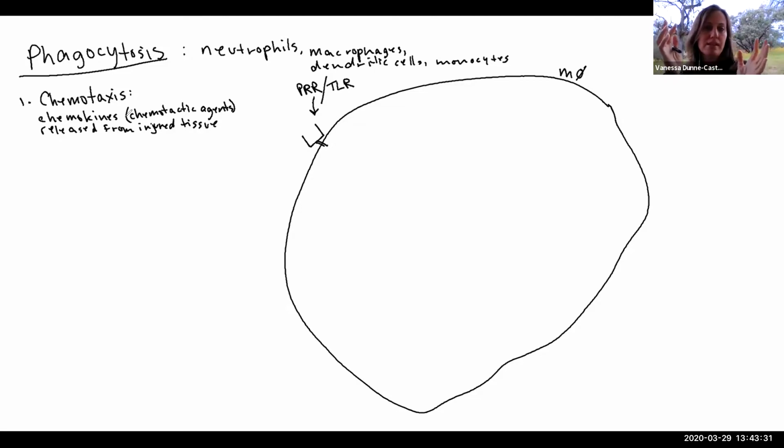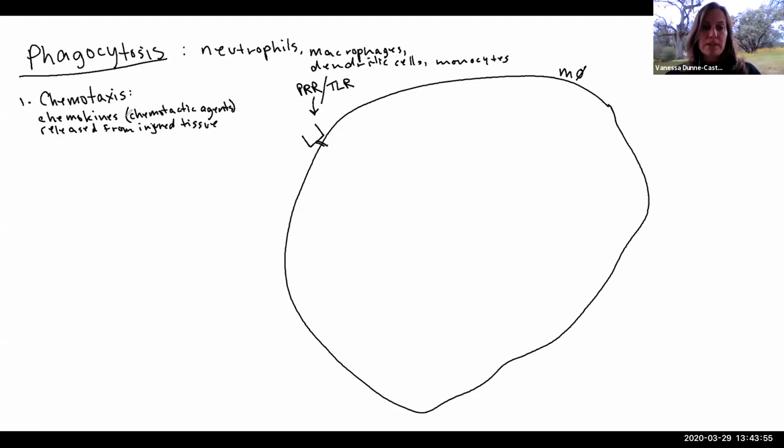So that's what chemotaxis is. They have to get there somehow. Now, also, bacterial parts can act like these chemotactic agents too. So there are ways that bacteria or viruses can themselves have components of them, but we're just going to really focus on chemokines, because that's the most common way that our white blood cells, our phagocytic cells, will arrive at that site of injury.